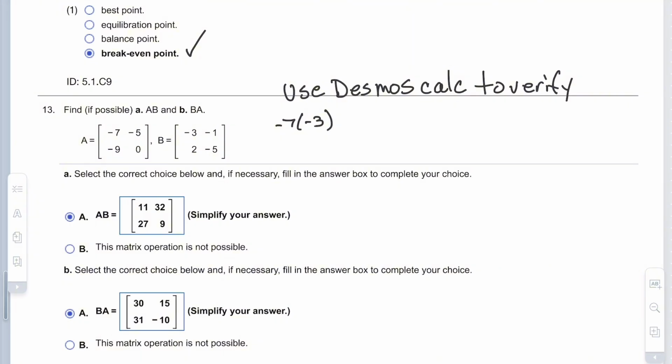So you can pause the video and you can go through it with me. You know, I'm writing on a slant, writing as best and as fast as I can. So just follow along and make sure that you understand how to multiply at least a 2x2 matrix by hand so that you can show your work on the exam.